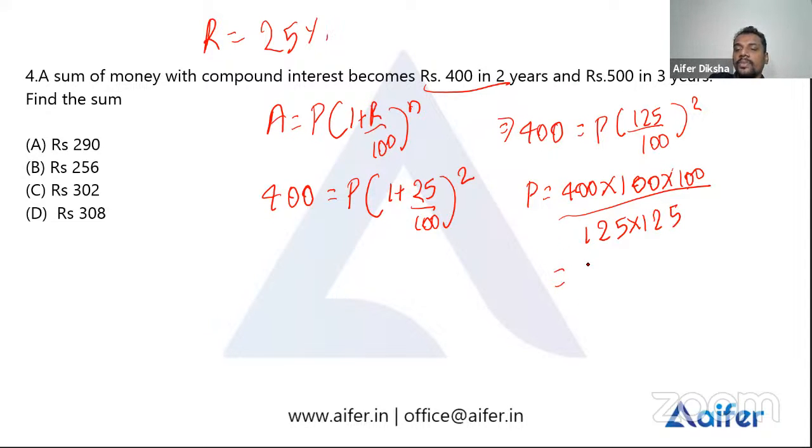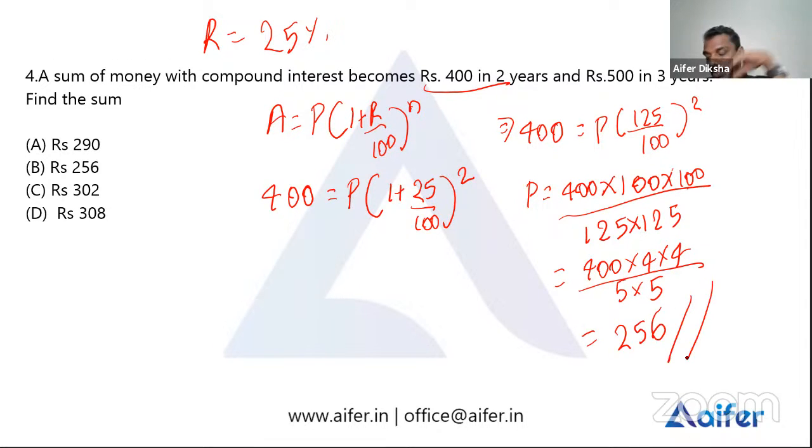That becomes 400 into 4 into 4 by 5 into 5, which gives you 256. So 256 is the correct answer for this question.